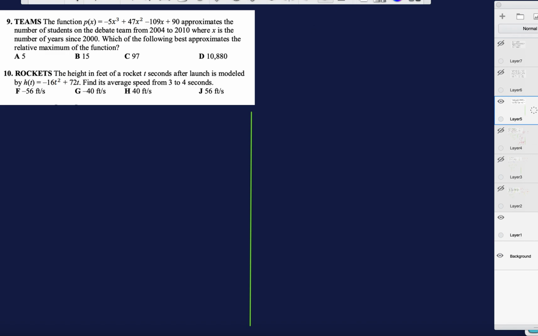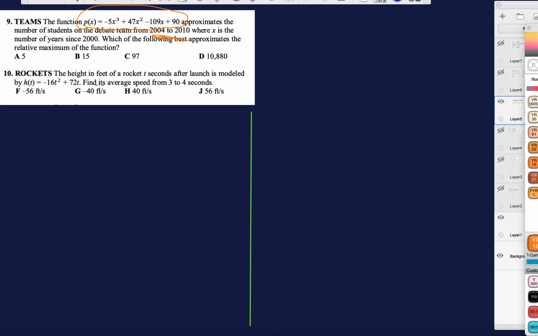So I put this function, let me grab a different color because you're tired of seeing the same color. I put this function, p of x, into the calculator. And I need to know what's going on from 4 to 10, all right? And once I find out what's happening from 4 to 10, I can see where that relative maximum is.